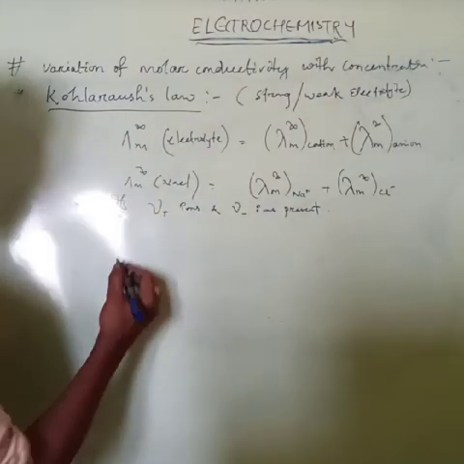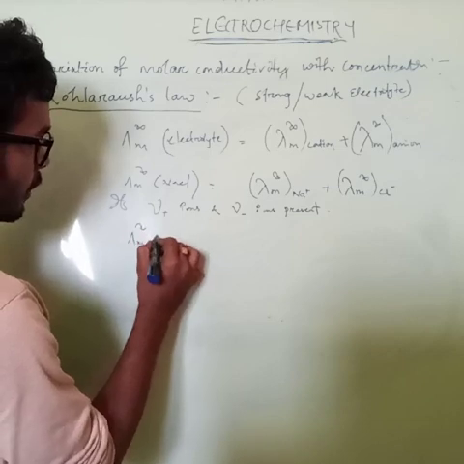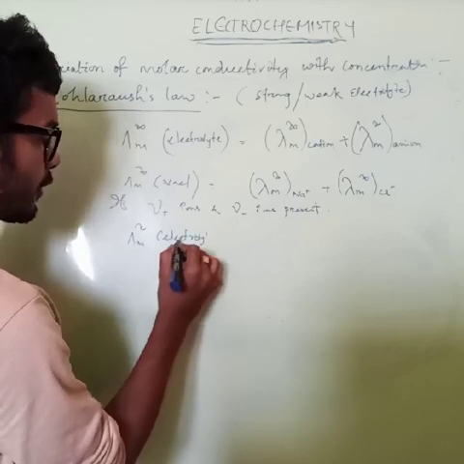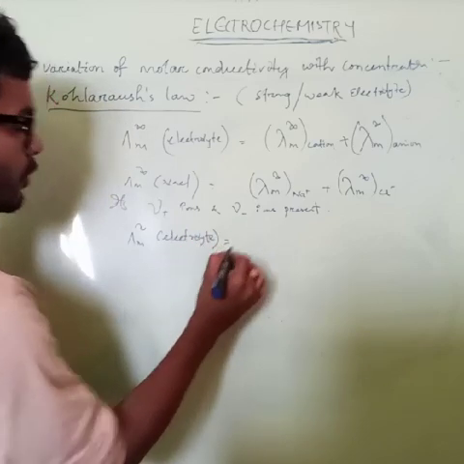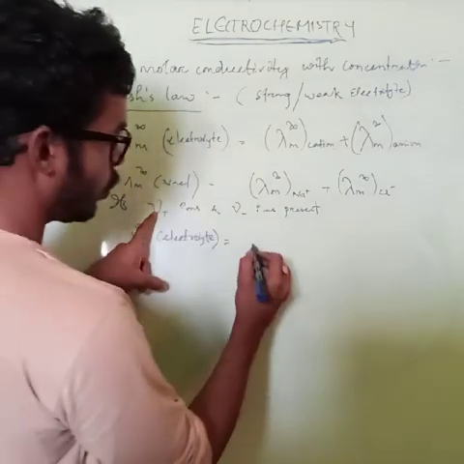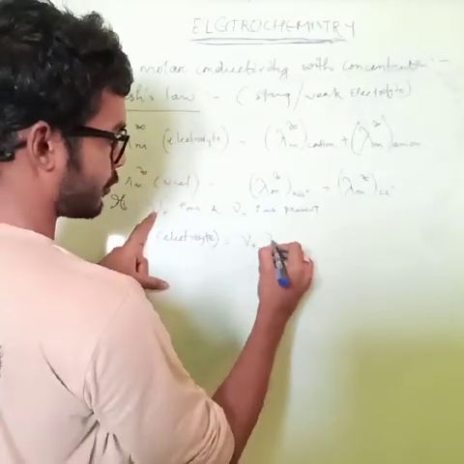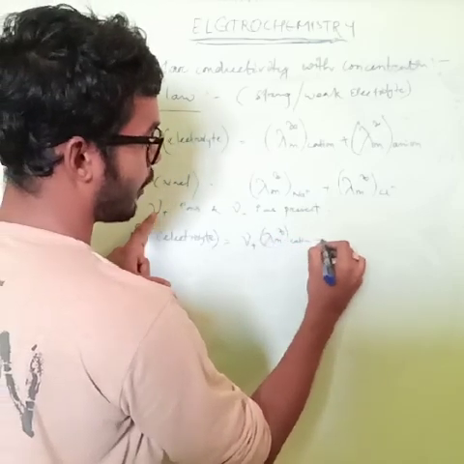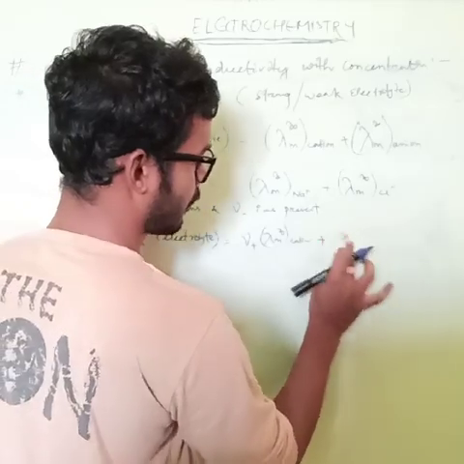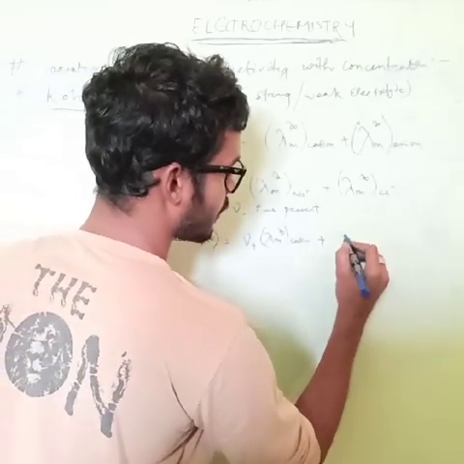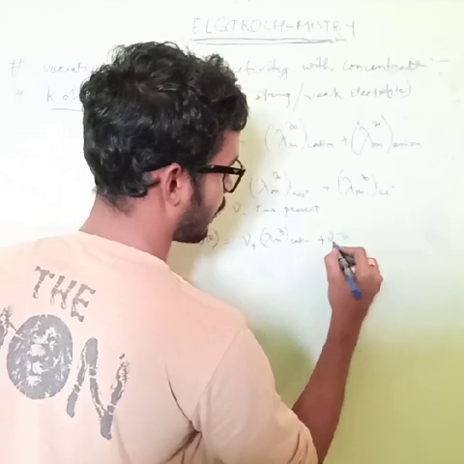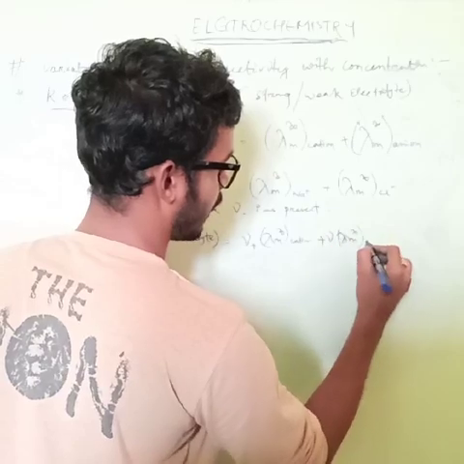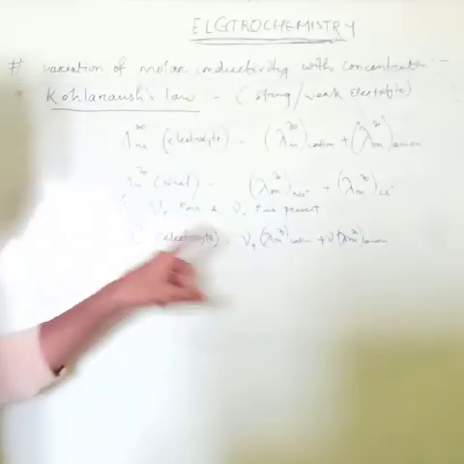So what will be the formula? Lambda m infinite of any electrolyte equals nu plus times lambda m of the cation at infinite dilution plus nu minus times lambda m of the anion at infinite dilution.